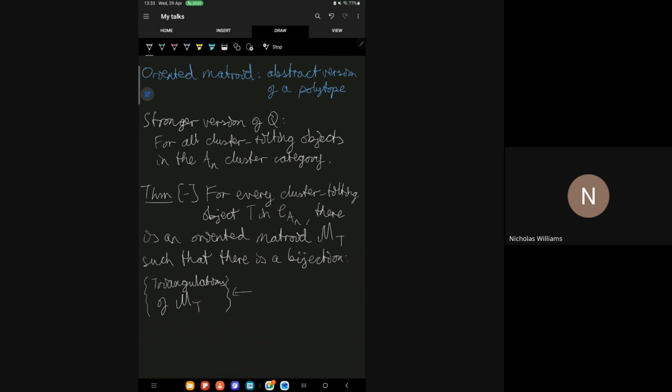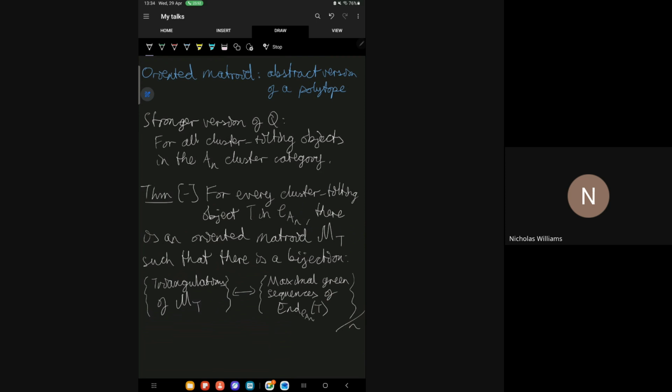You can talk about their triangulations. And on the other hand, maximal green sequences of the endomorphism algebra of T in the cluster category up to equivalence.